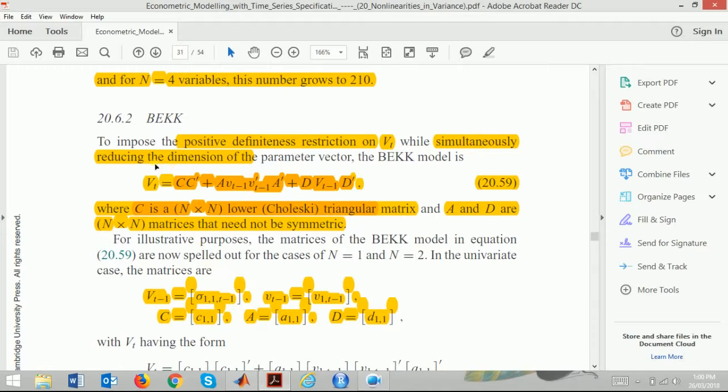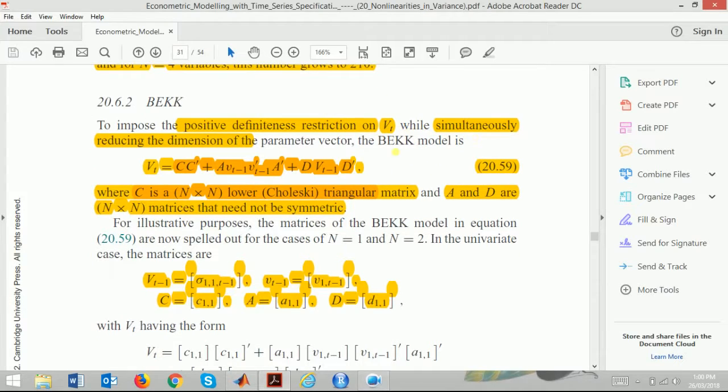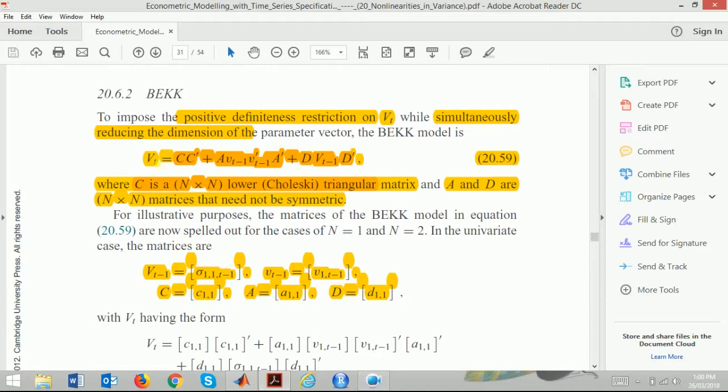So now comes the BEKK in action. To impose the positive definiteness restriction on our multivariate GARCH, we're simultaneously reducing the dimension of the parameter vector. BEKK is H_t = C'C + A'u u'A + B'H B, where C is now a lower Cholesky triangular matrix. So with this, the restriction becomes easier.